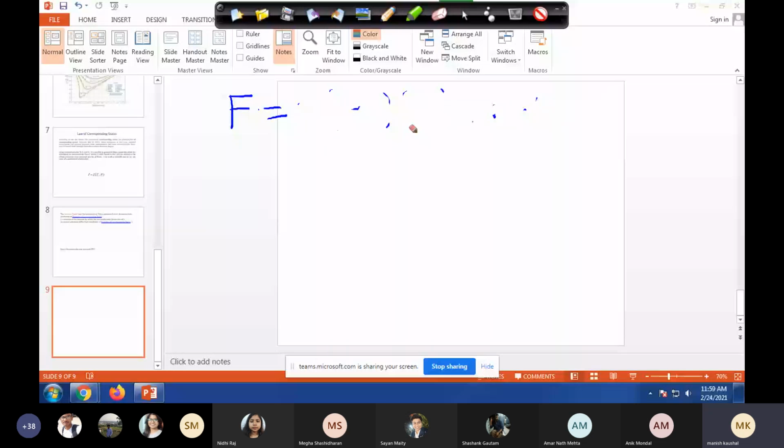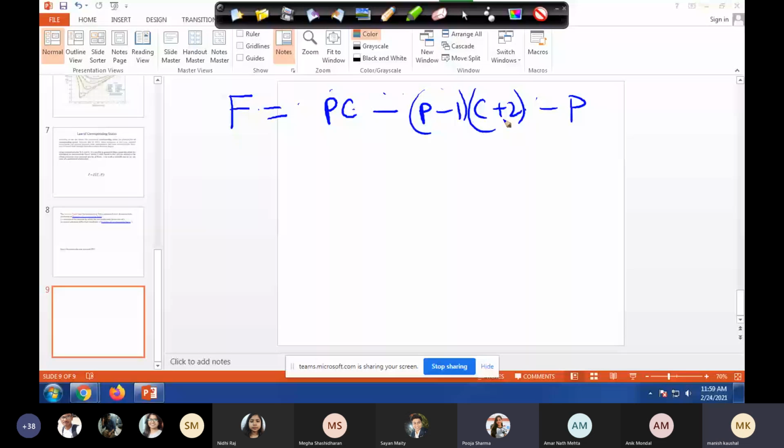So the numbers of unknowns or variables we have is P into C. And equations we have P minus 1, C plus 2, minus P. Is it fine? So number of variables should be CP plus 2.